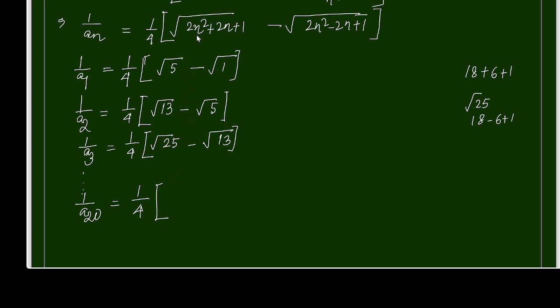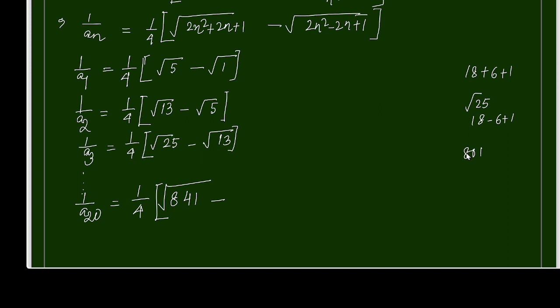If I put 20 square here, then it will be 400, 2 times is 800, plus 20, 841, minus, here will be 20, 800 plus 1 minus 40.